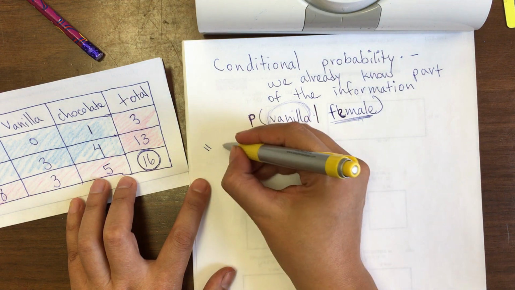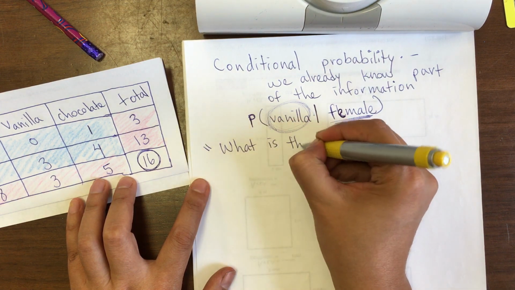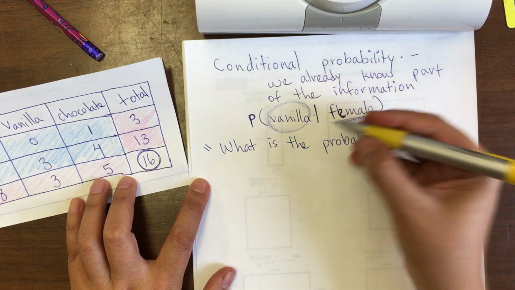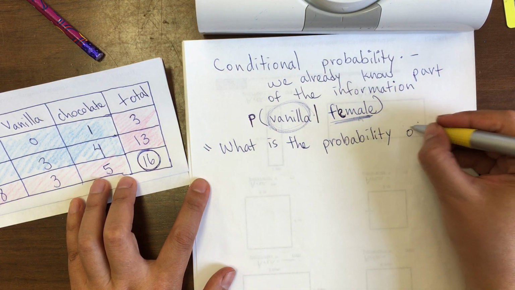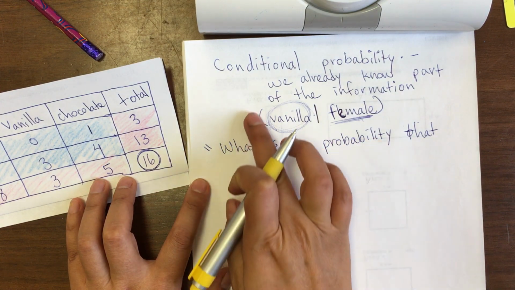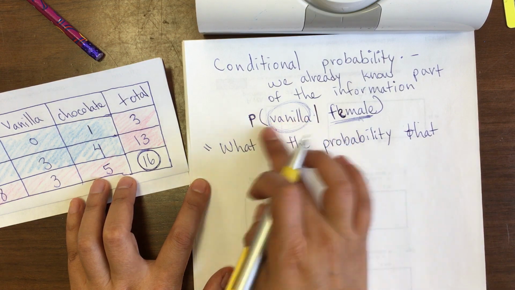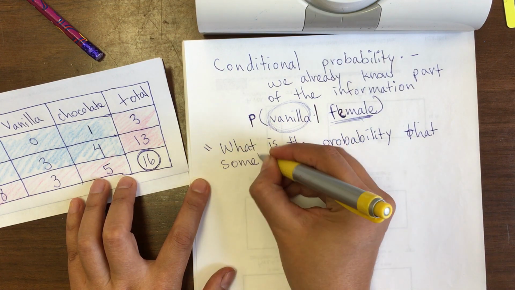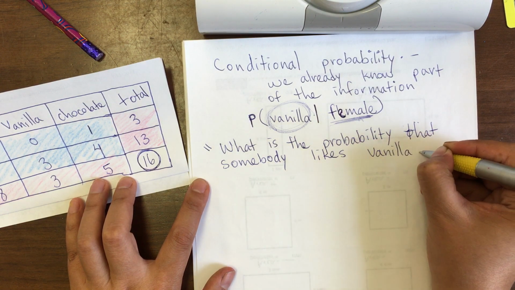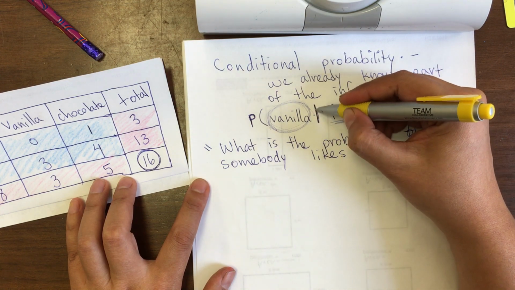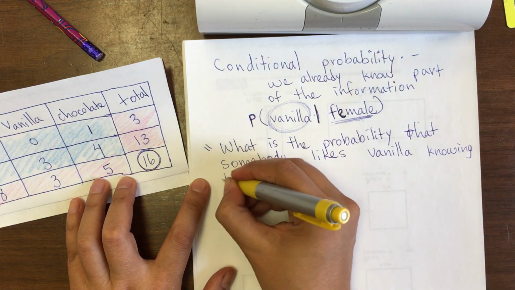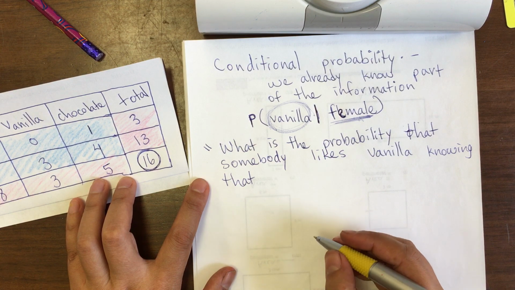So let me write in quotation marks how you would read this. What is the probability that somebody likes vanilla, and then this is read as knowing that the person is female.